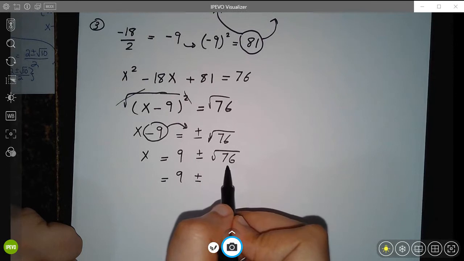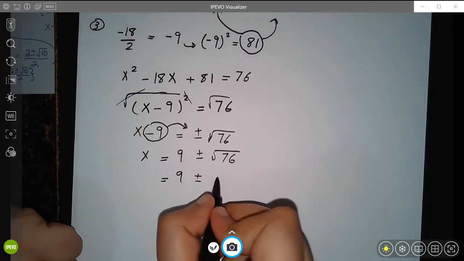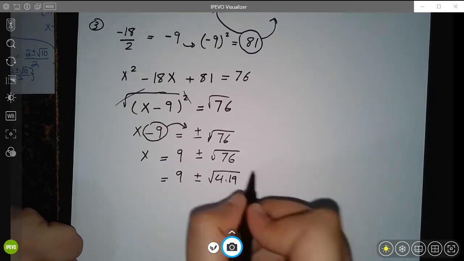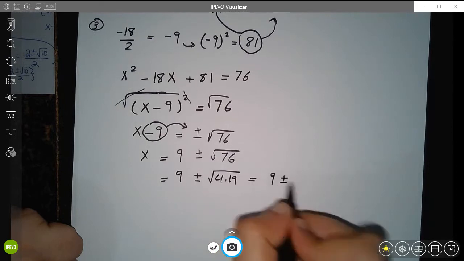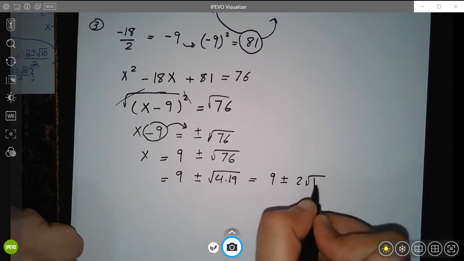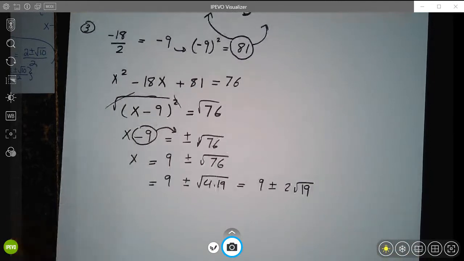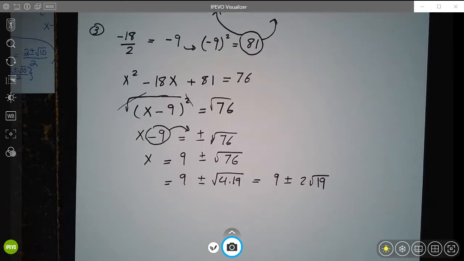So 76 divided by 4 is 19, right? So you have 4 times 19 under the root. So that becomes 2 times root of 19. That's the simplest form. And 19 is a prime number, so there's no simplifying that. Okay?